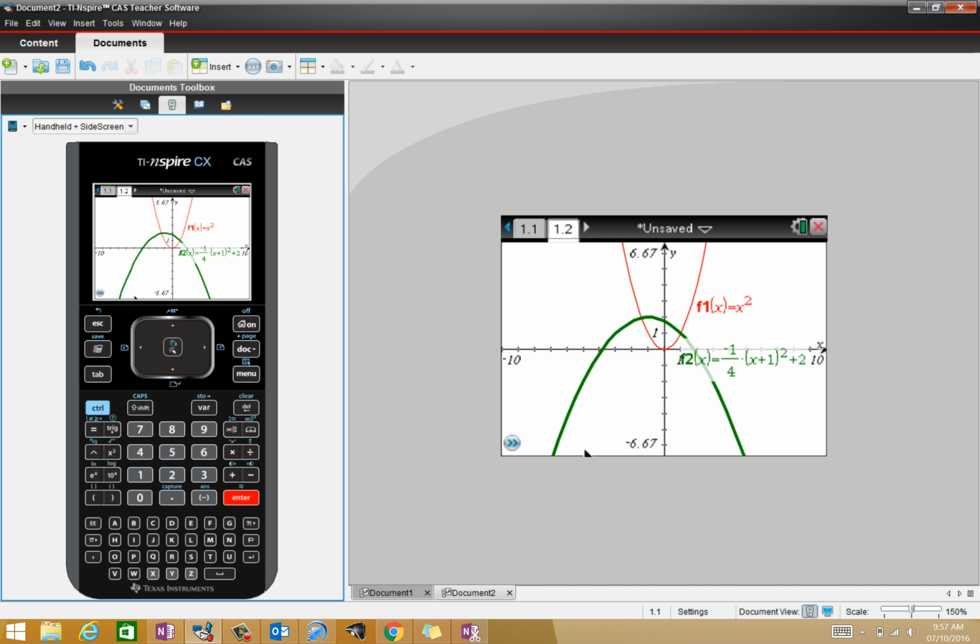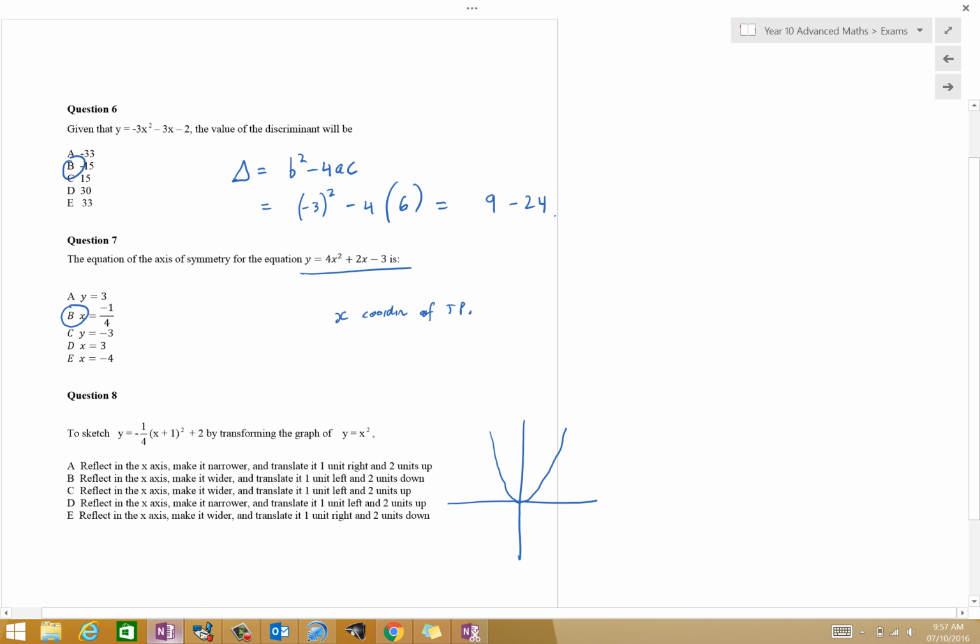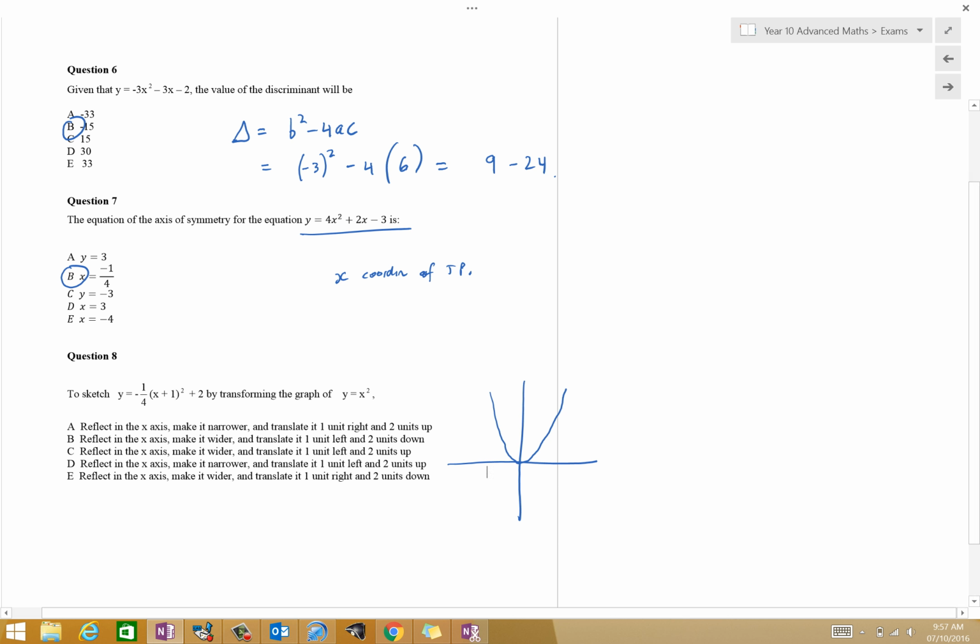Otherwise, what I'm going to say to you is that the negative part is a reflection in the x-axis. So y equals x squared would become, well, that's supposed to be the same width, but it's really bad. Negative, that's what the negative sign does. The quarter, because that is less than 1, makes it wider.